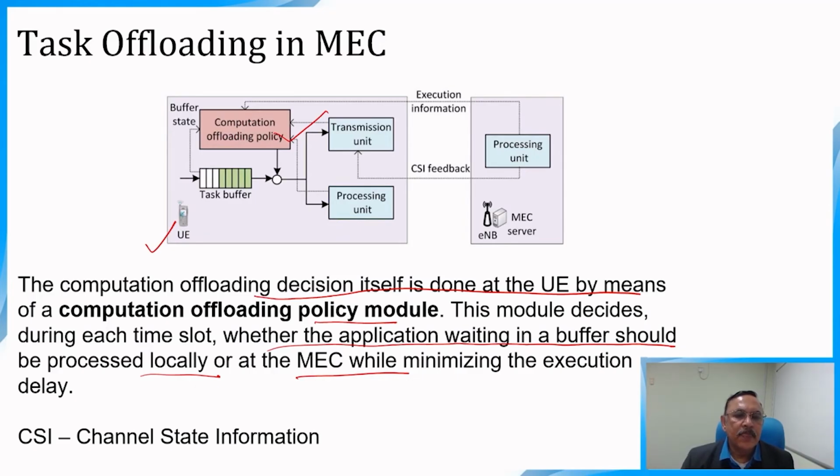Here, if it is decided to be offloaded to a MEC server, then the transmission unit will take place. If it is to be processed locally, then it is not sent.